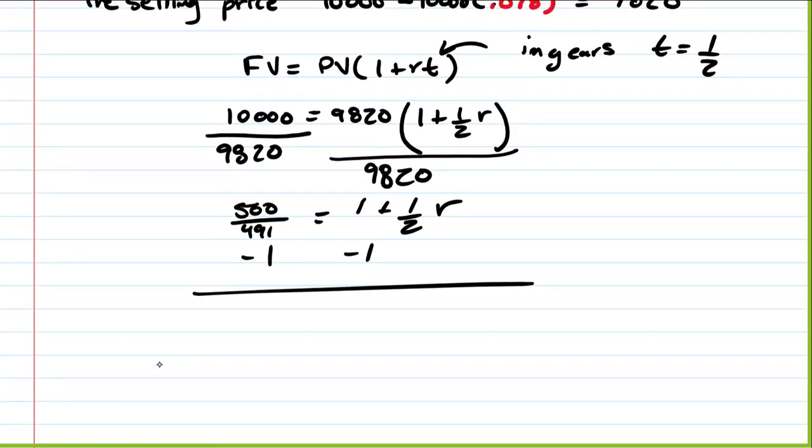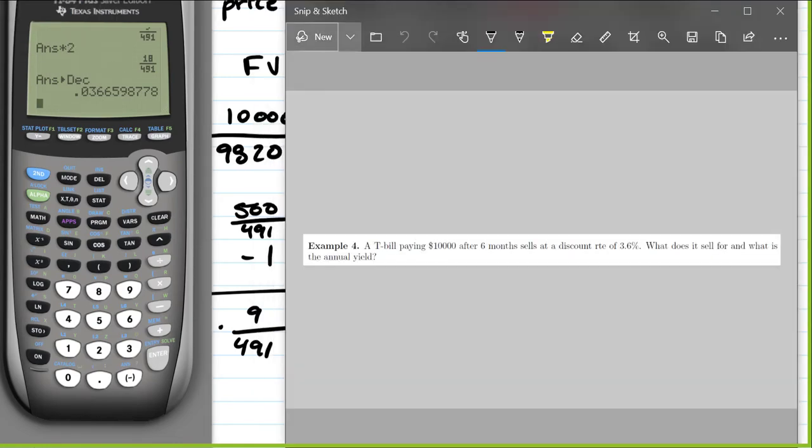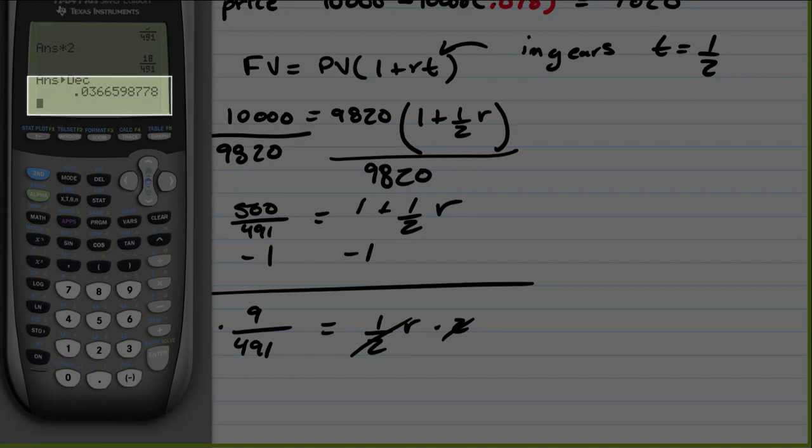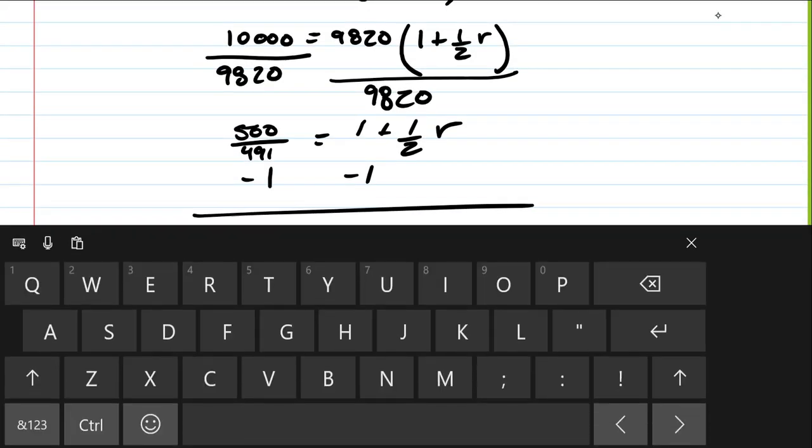So I get 9 over 491. So then to solve for r, I multiply by 2, I multiply by 2. And I get this. And then I don't want a fraction, I want a decimal, so I hit my math key, choose choice number 2 for decimal, and I get 0.03665, and so forth, for r.